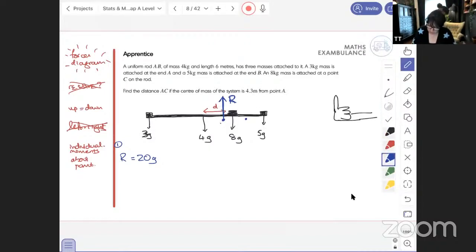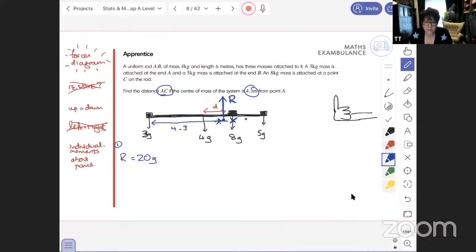I'm going to take moments about here. What do I want to find? The distance AC. The center of mass is 4.3 meters from A. So this is 4.3 meters from A all the way across to the center of mass, which is where that R is going up. That's 4.3.